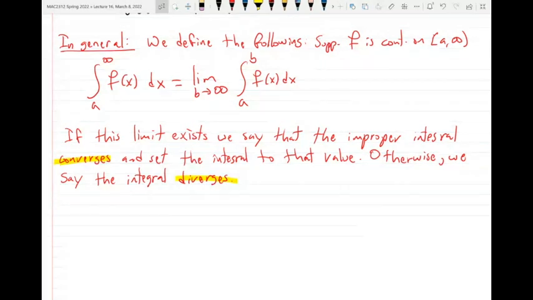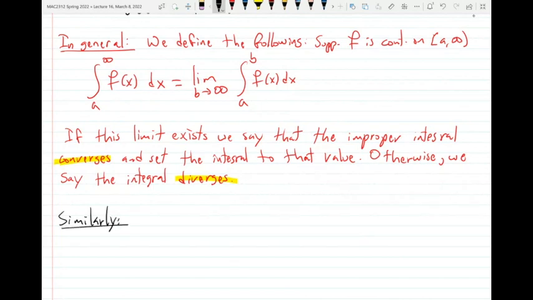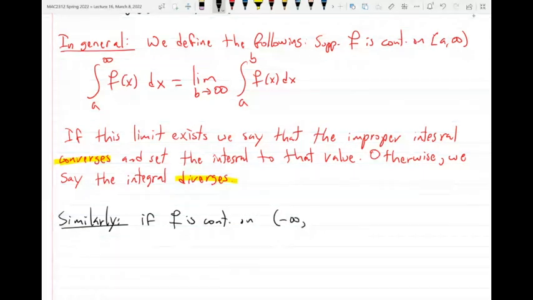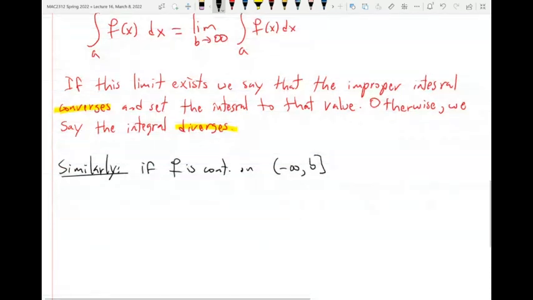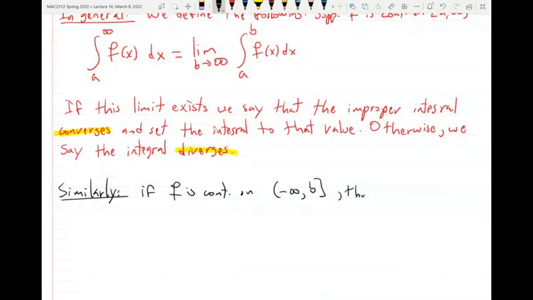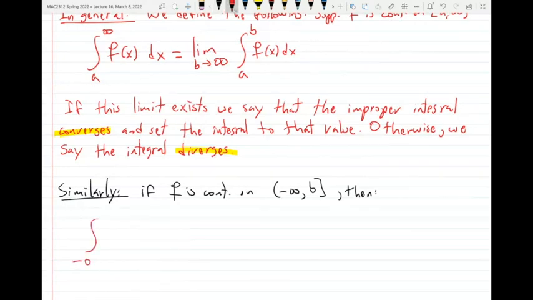Now, similarly, if f is continuous on the interval negative infinity, let's say to b, then if you have the integral from negative infinity to b of f of x dx, we do this in a similar way.